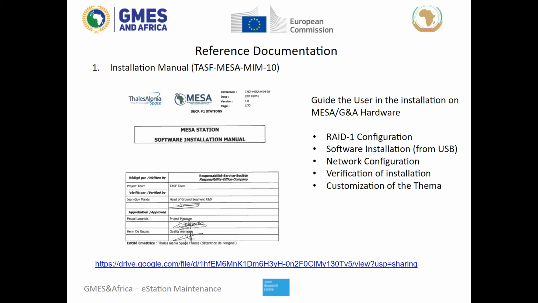So it is important to note how is the default configuration of the system, and then to proceed with the installation. So you have to definitely check this manual before doing an installation.